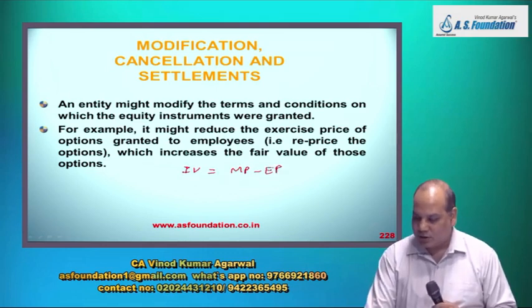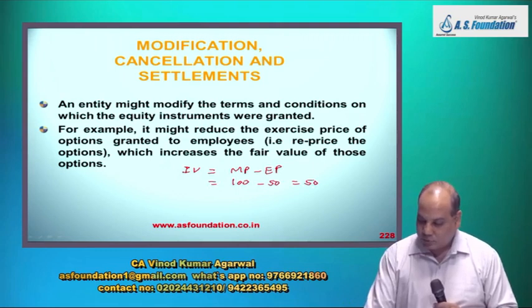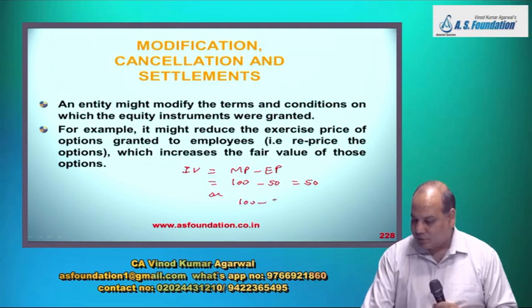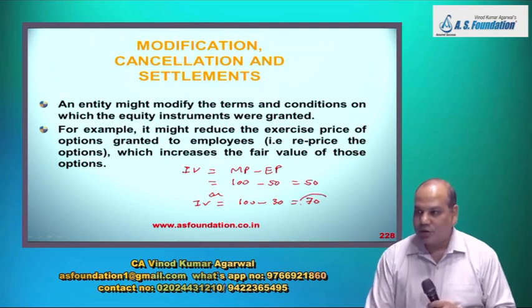So first understand intrinsic value. Market price is 100 and exercise price is 50. It means intrinsic value is 50. Suppose market price is 100, and the exercise price is reduced. So now your intrinsic value will become 70. So your cost has gone up.